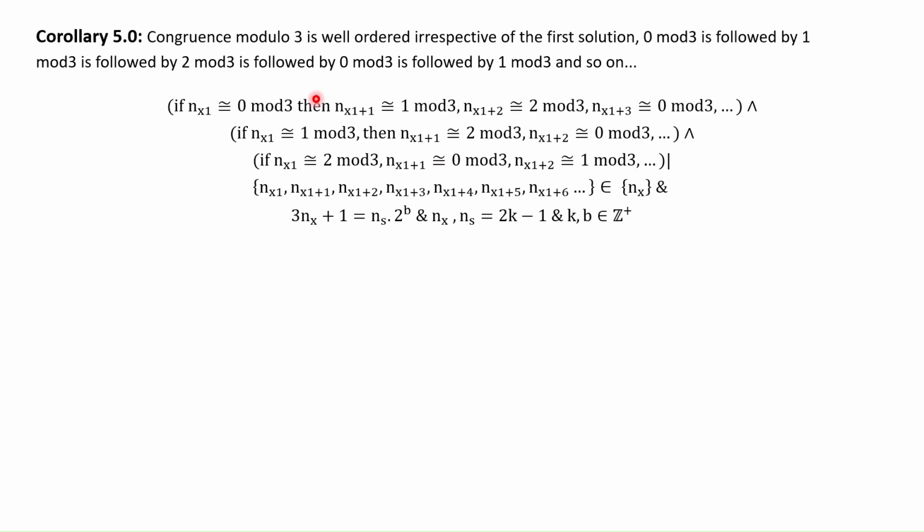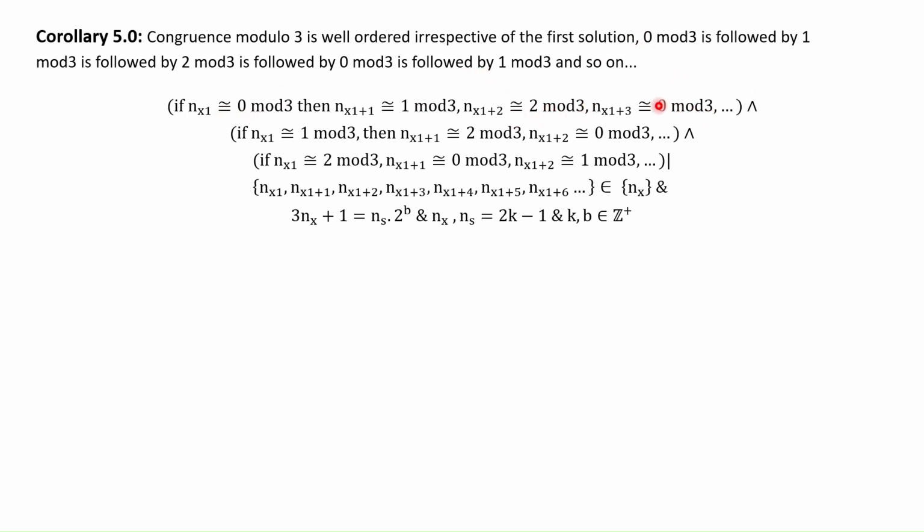Now this is an important and interesting thing. Congruence modulo 3 is well ordered. Because we will be using our previous knowledge to establish this fact, as in if the value of nx1 is 0 mod 3, the second solution is going to be 1, the third solution is going to be 2, and then 0 mod 3.